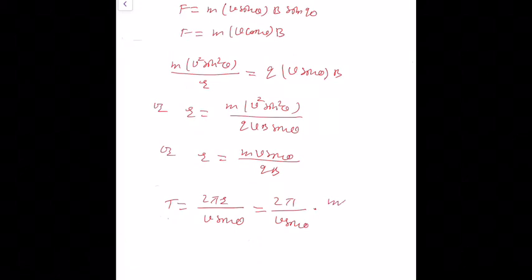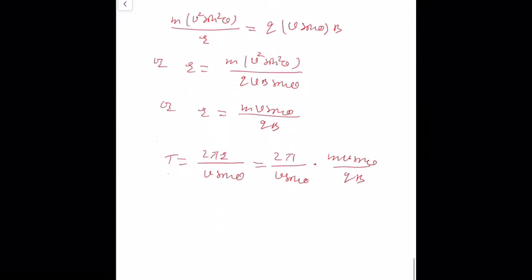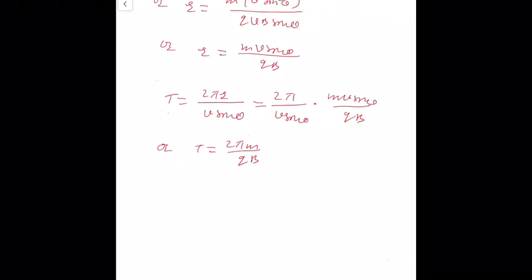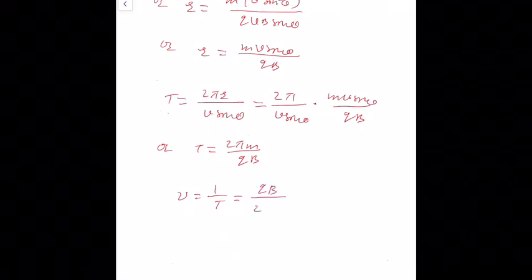Put the value of r, m v sin theta upon q B, or we can write T is equal to 2 pi m upon q B, and frequency nu is equal to 1 upon T. So put the value of T, so nu is equal to q B upon 2 pi m.